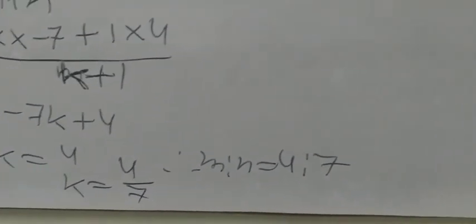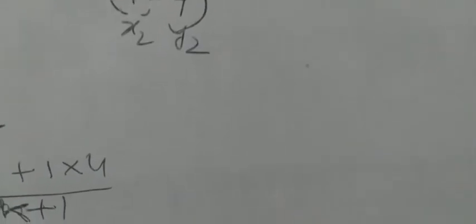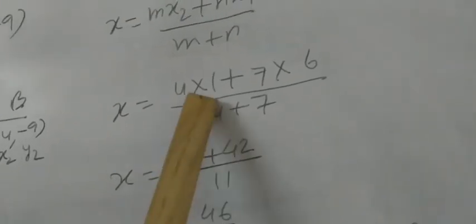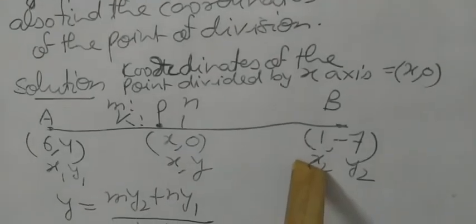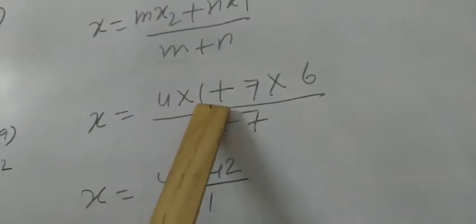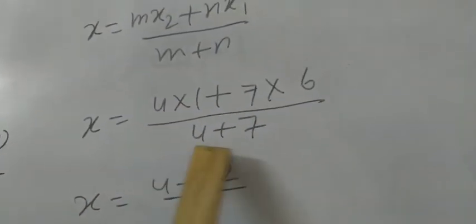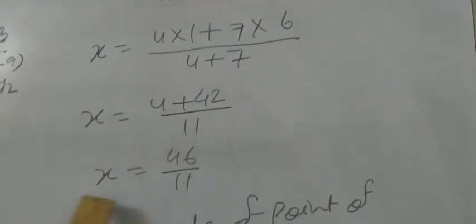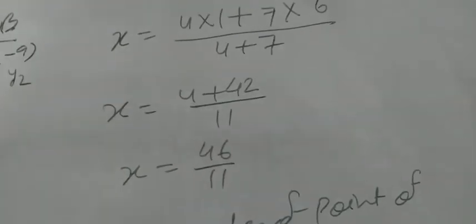The ratio we have got it. Now ratio we have got it, student, 4 is to 7. So m value 4 we have to put, and n value 1, x2 value 1, m x2, n value 1, x1 value 6. So 4 into 1 plus 7 into 6 upon 4 plus 7. X equals 4 plus 42 upon 11. X equal to 46 upon 11.